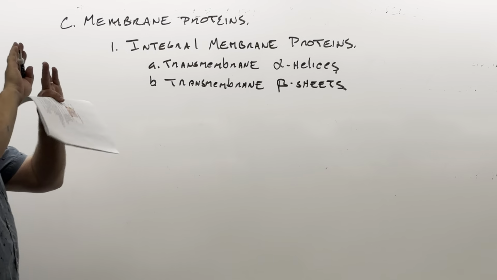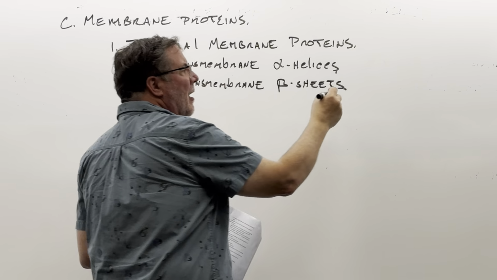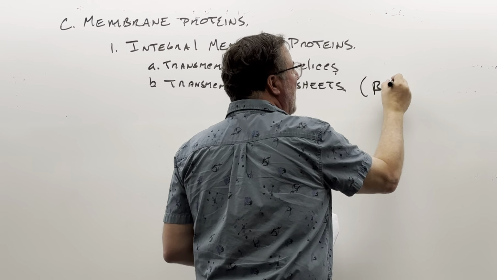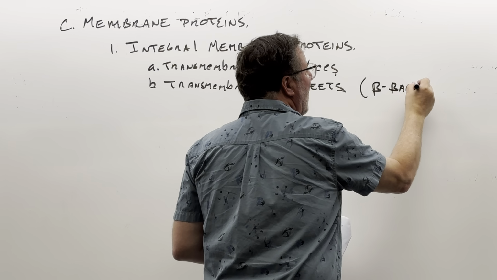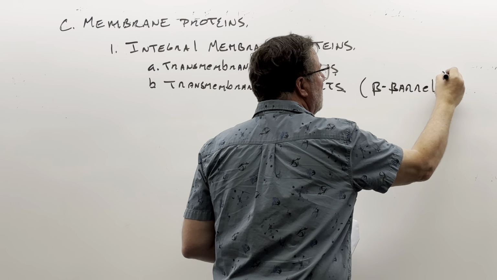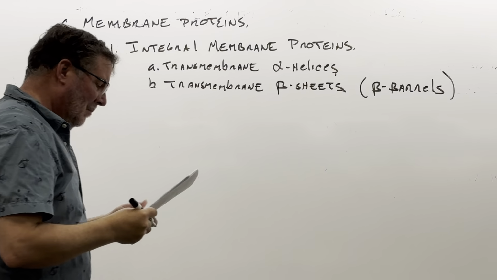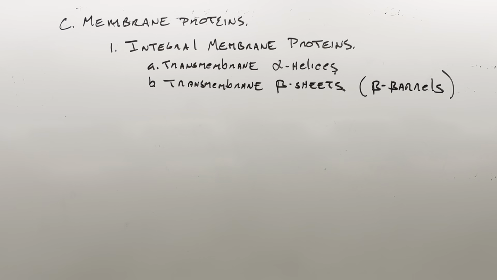And some of these sheets will wrap around and form a thing known as beta barrels. I'll show you a picture of this in a bit. Okay, so that's where the protein actually sits within the membrane.